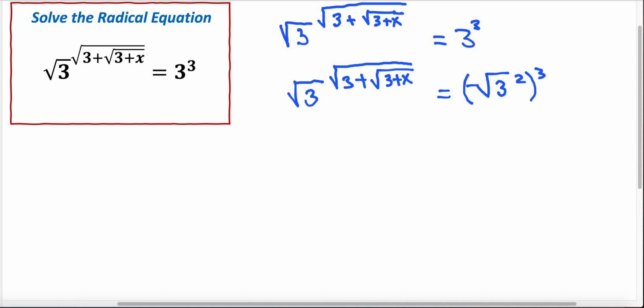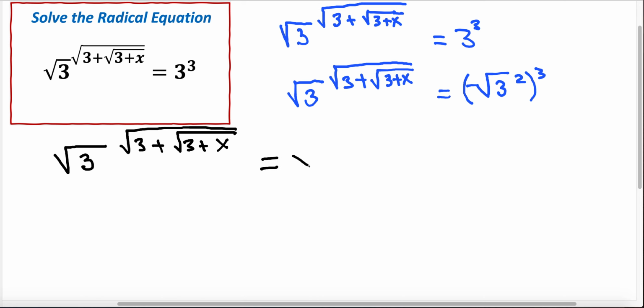But now here I can multiply this exponent, so I have to rewrite one extra time. Okay, so let me write this 3 in the exponent. I have to spend some time here to rewrite multiple times because I have to simplify the right side.